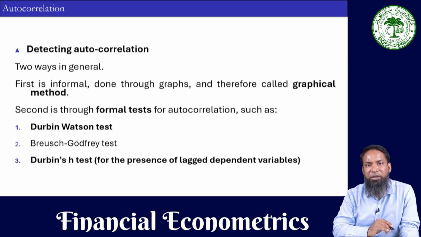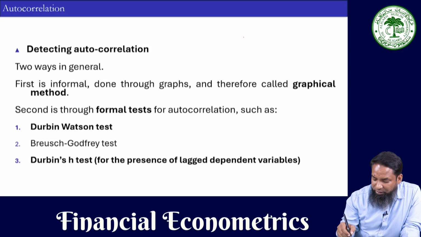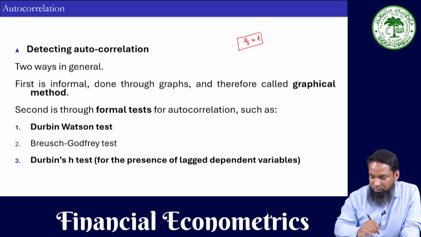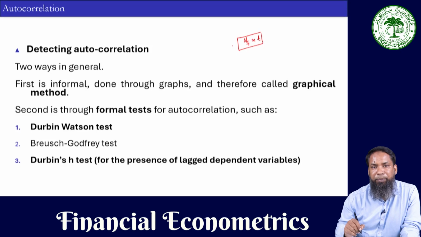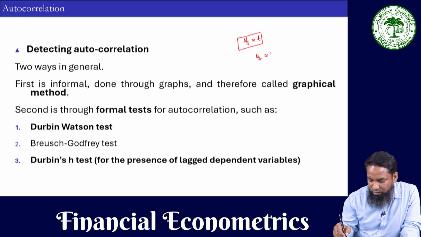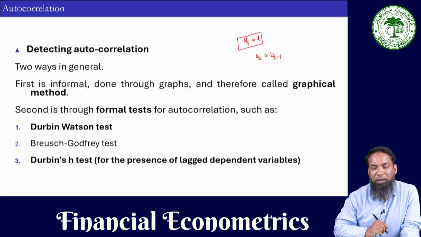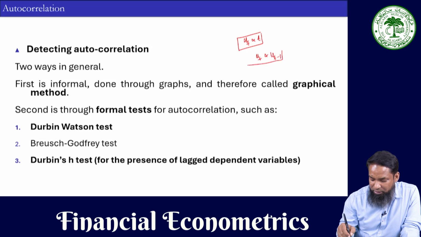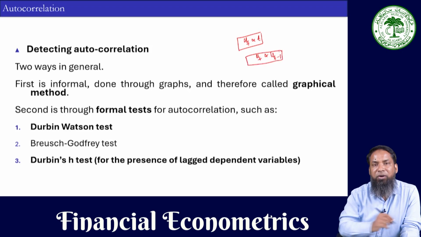In the graphical method, we draw the error term across time. If we find any pattern, that means there might be the presence of autocorrelation. One way is to draw u_t across time, or we can draw u_t and u_t minus 1. Again, if there is any pattern, then we have the problem of autocorrelation.